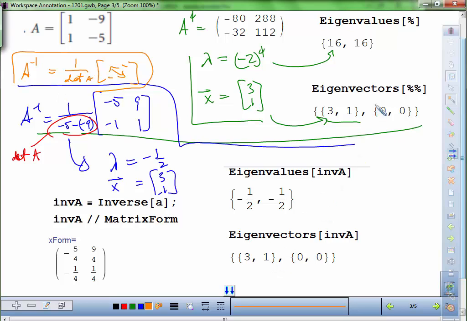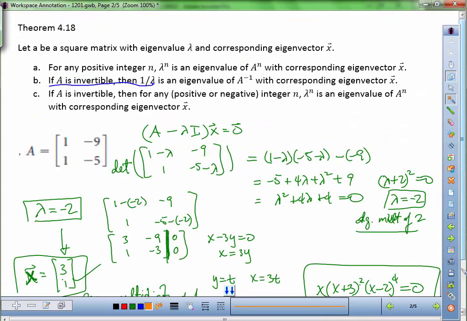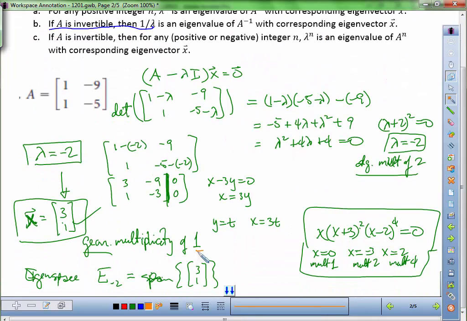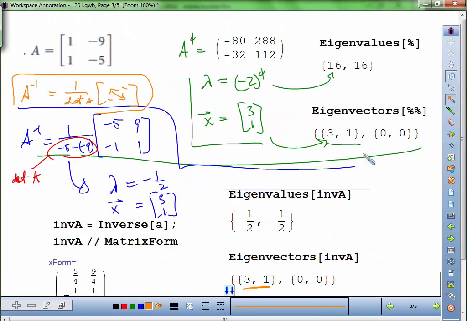Yeah, we were talking about that, and I think because this has a geometric multiplicity of 1 and an algebraic multiplicity of 2. Since we're looking at a 2 by 2 matrix, the computer is looking to fill in the second vector, but really there's only one eigenvector involved here, 3, 1.